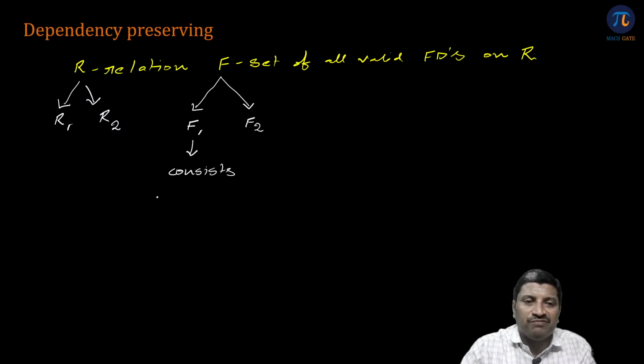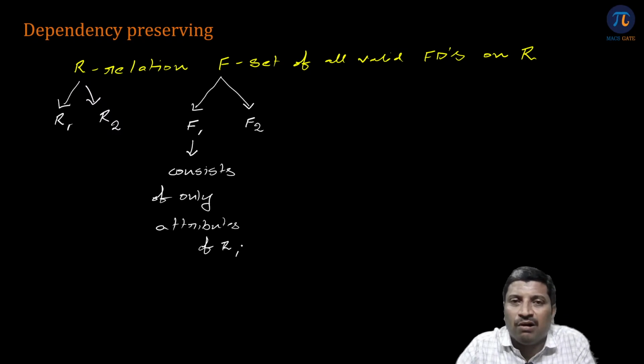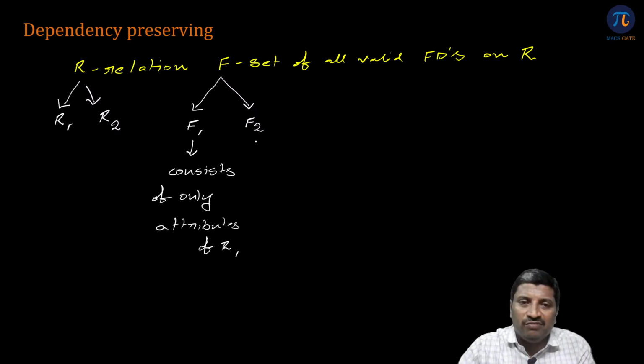F1 is the set of all FDs which consist of only attributes of R1. That means we consider all the valid FDs having only the attributes of R1. Similarly, what is F2, sir? It will consider all the FDs on R2.